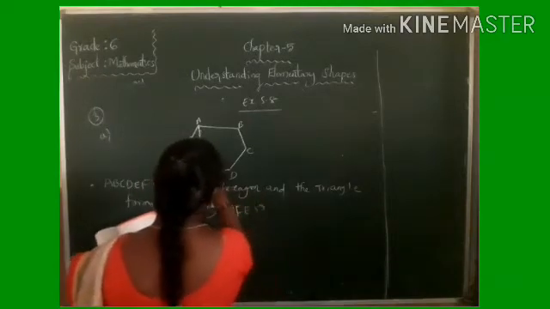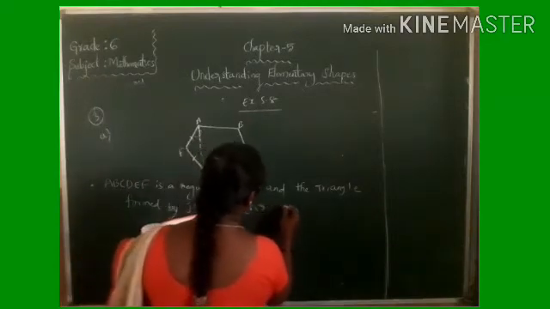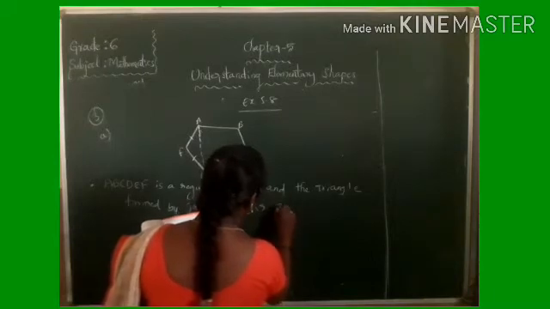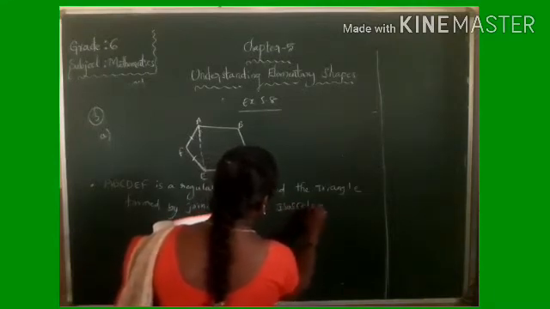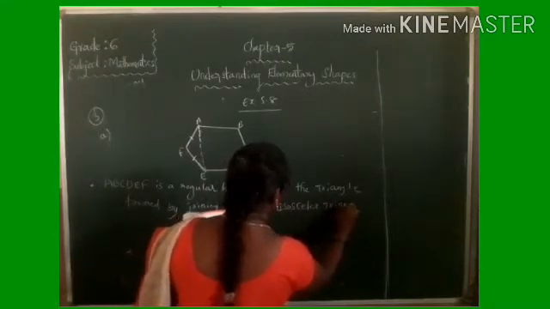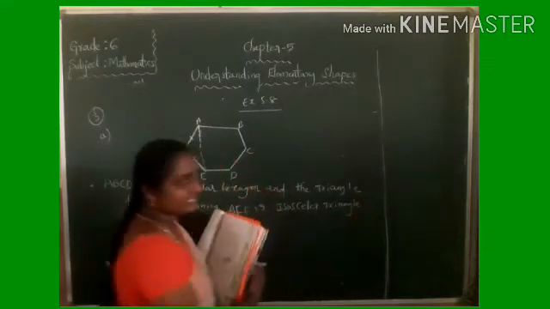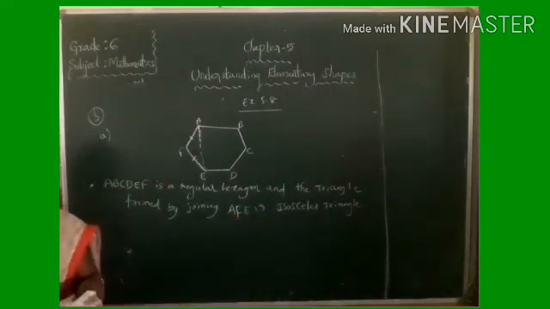Okay. So now, which type of triangle? AFE triangle is an isosceles triangle. Isosceles triangle. Okay children.